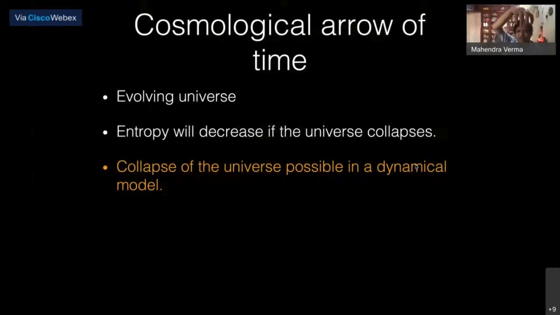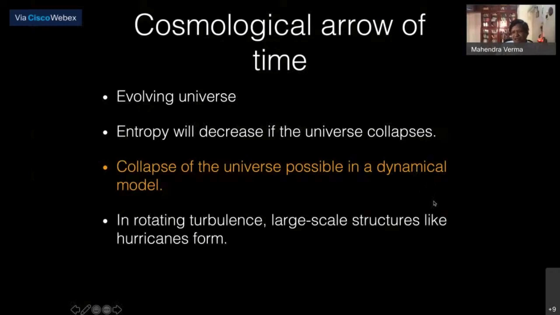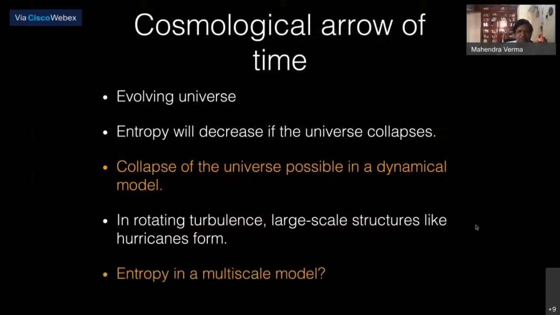Like in 2D turbulence, cyclones are formed because of the 2D nature, or in gravitating systems, the natural way is to get to the formation of structures, and that's not more entropy. So for entropy increase in a macroscopic system, there are some issues involved.